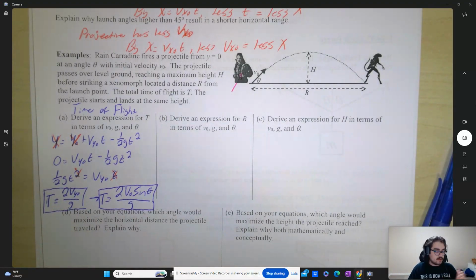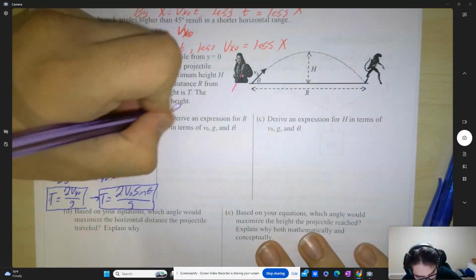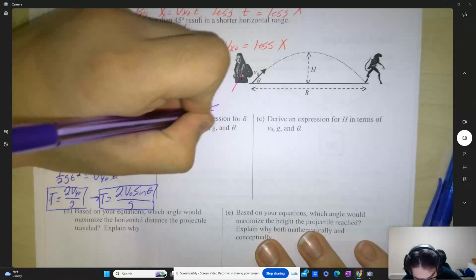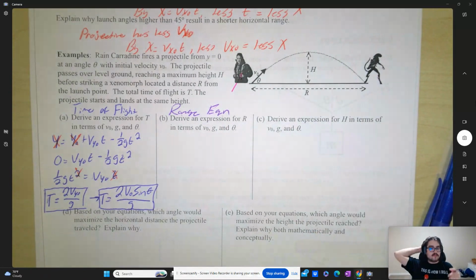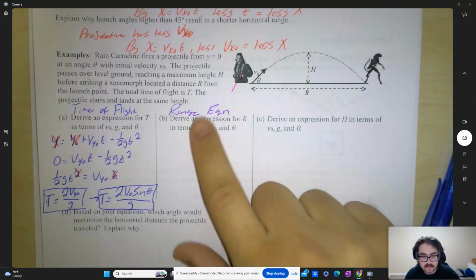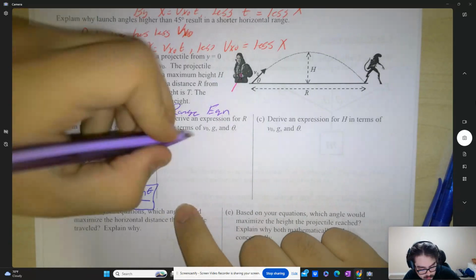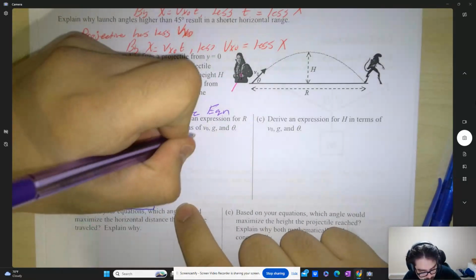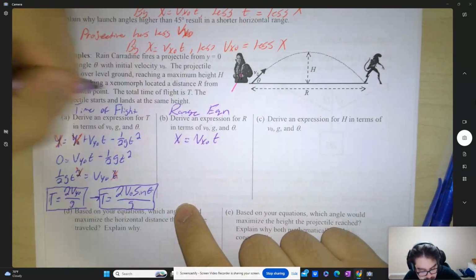Okay, this next one, range equation. Ooh, here we go, range equation. The most important one of all, arguably. You need to go to prom. Remember the range equation. It'll help you. We're going to start with x equals vx naught times t.